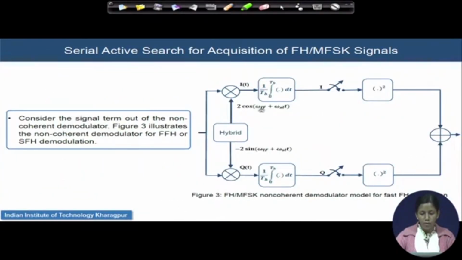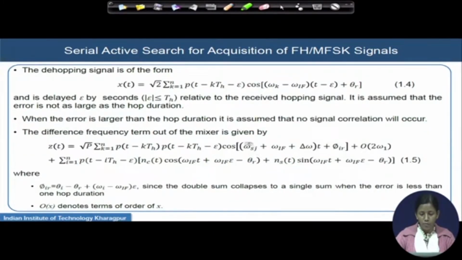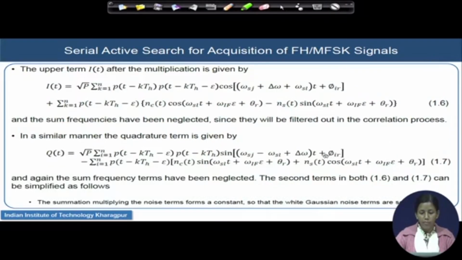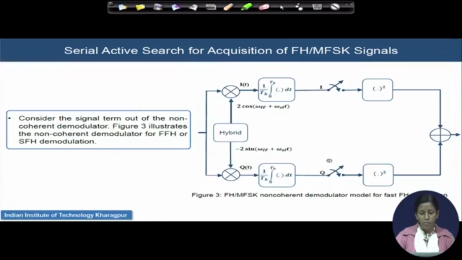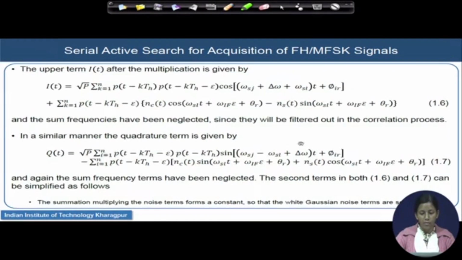If I multiply with the cos of omega IF plus omega SL, and we had earlier the terms omega SJ, omega IF and del omega, then we will end up with omega SJ plus del omega plus omega SLT, and the omega IF term will go out because they will be beating with each other.